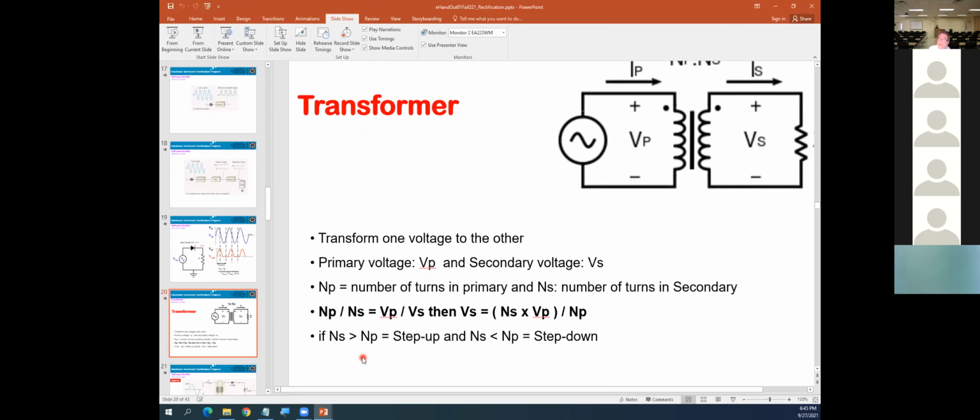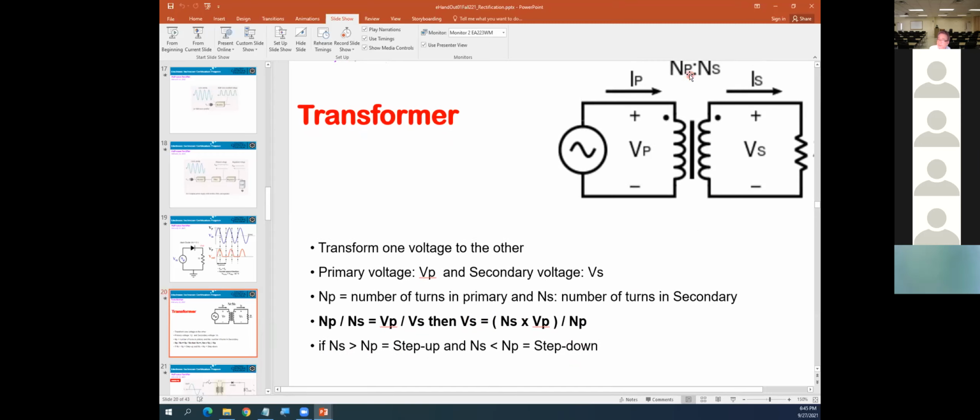And in here, you look at how many turns of wire on NP or NS. If NS is higher than NP, the transformer is step up. That means you can get 100 volts on the primary, however, go to the secondary, it can go up to 300 volts.